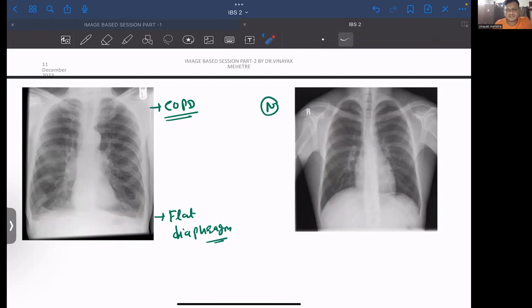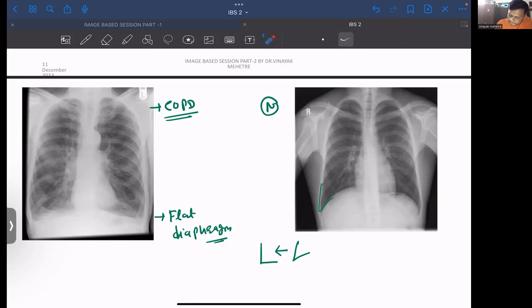CP angle is not reduced. Actually, it is increased. One angle is like this and the other is like this, there is a difference. It is increased, not reduced. It looks like 90 degrees, and this one looks like 45 degrees.